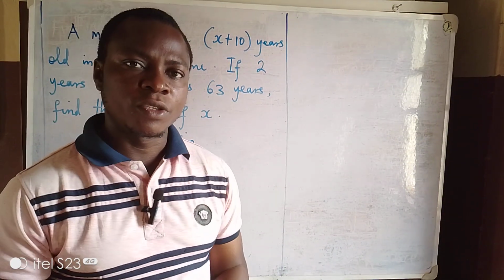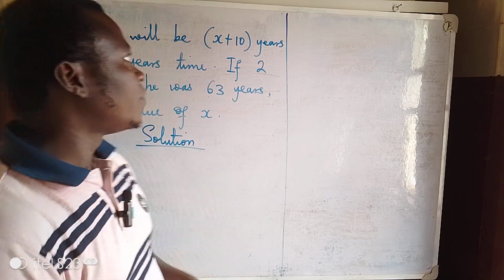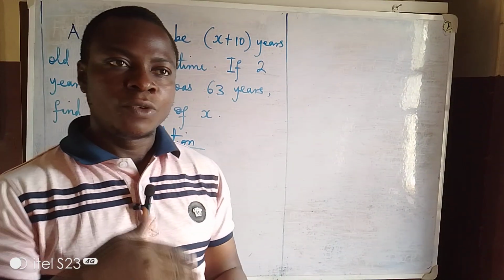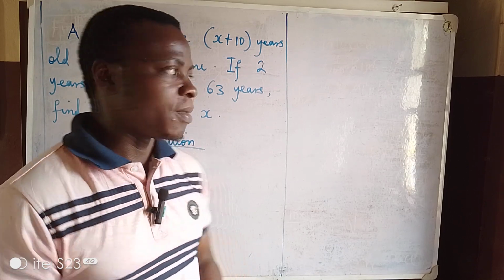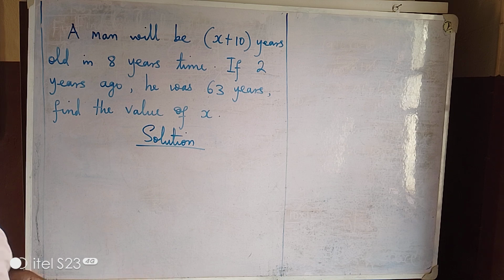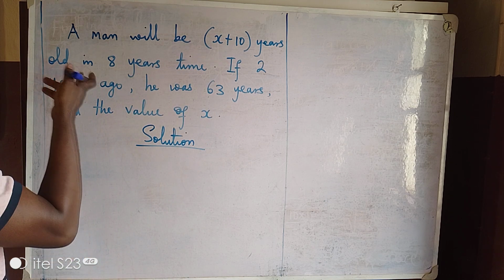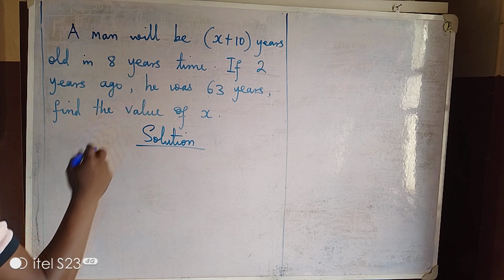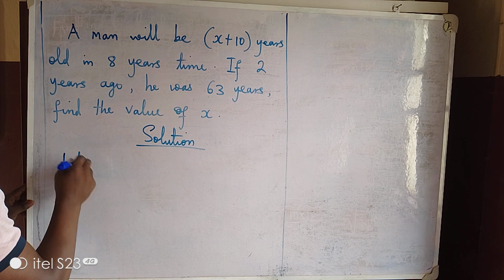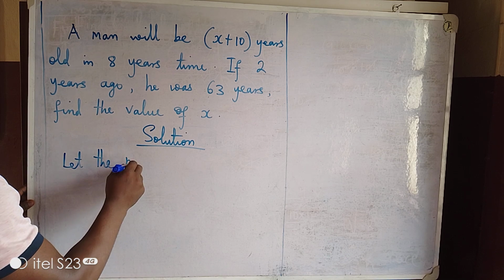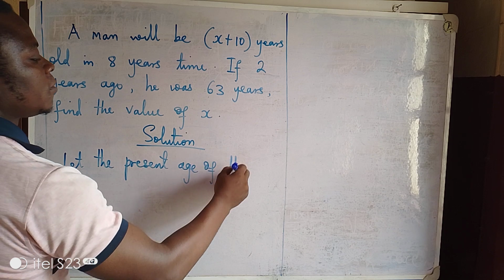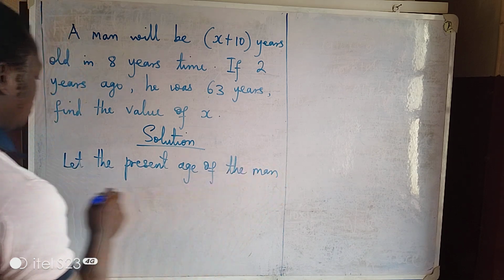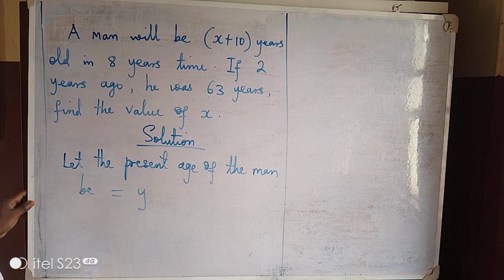So what we are going to do is to find the value of x by using a variable, suggesting the value of the present age of this man. We will say, a man will be x plus 10 years old in 8 years time. Let the present age of the man be equal to y.